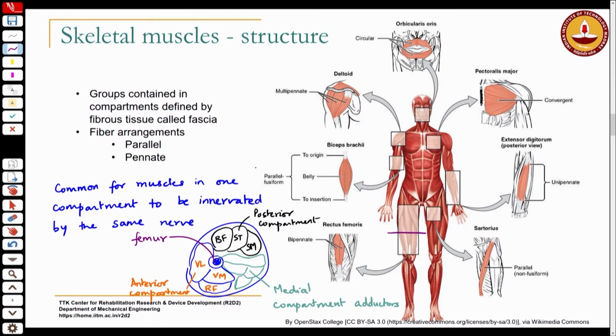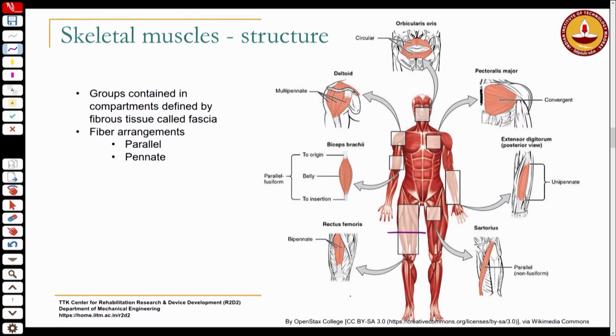Okay. So, now if you look at the overall fiber arrangements in these muscles, there are two types that you will see. You have two kinds of fiber arrangements.